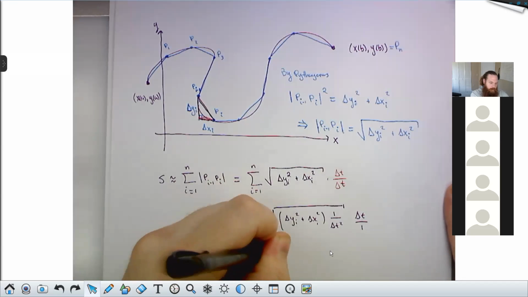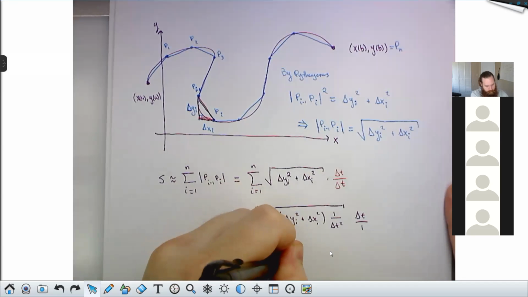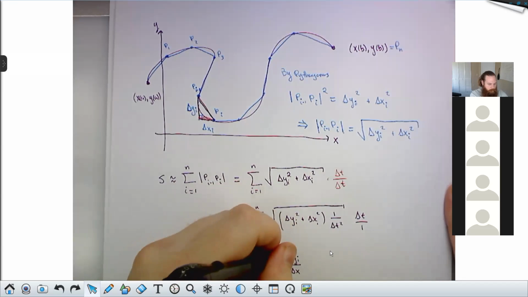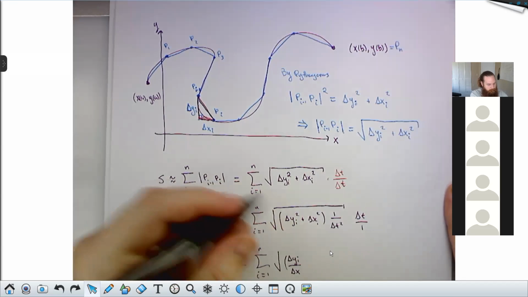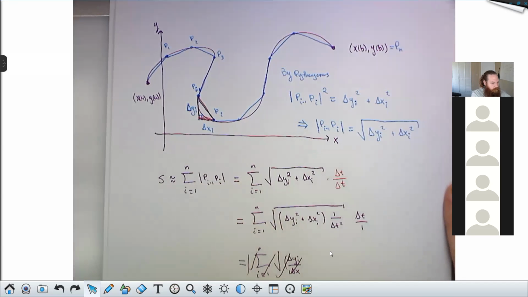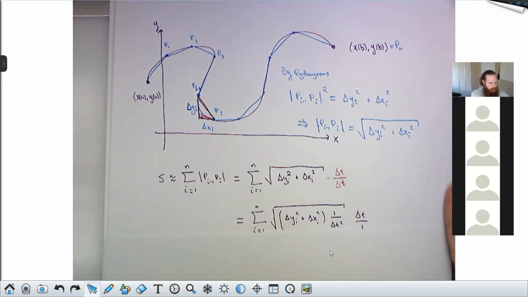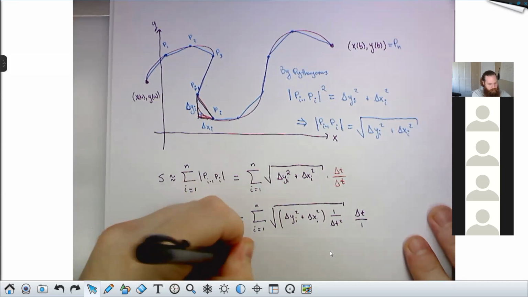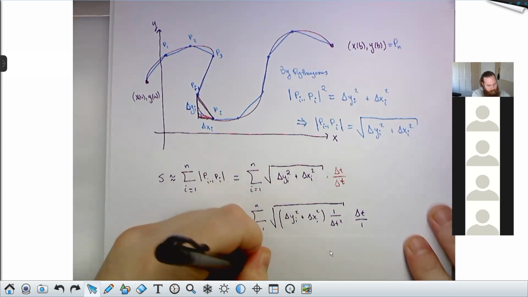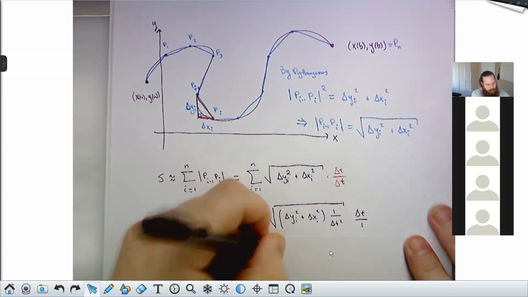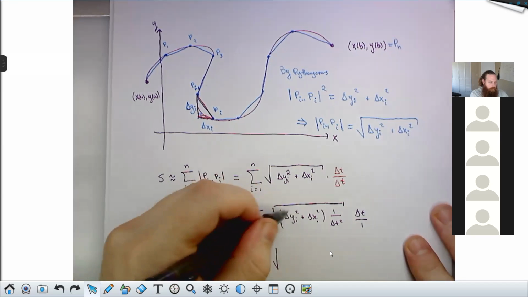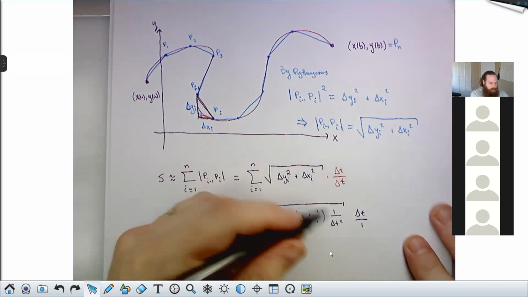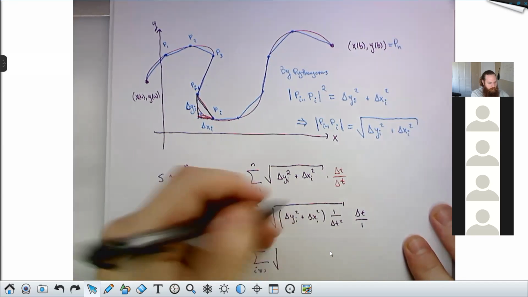And what I get is, slip of the pen, the sum from i equals 1 to n of the square root of this divided by this plus this divided by this.